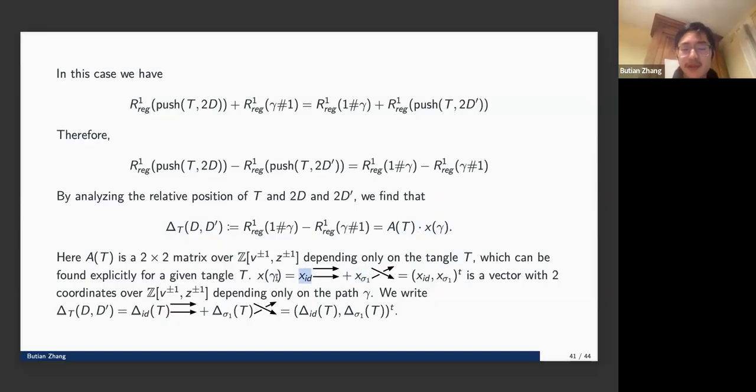These are the two coordinates for X gamma, which depends on the regular isotopy gamma, but not on T. We obtain this by some analysis, a lot of analysis.